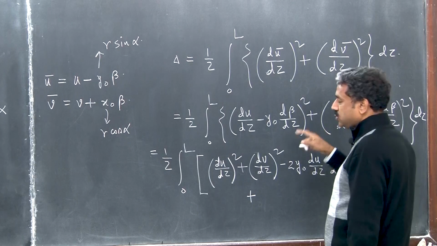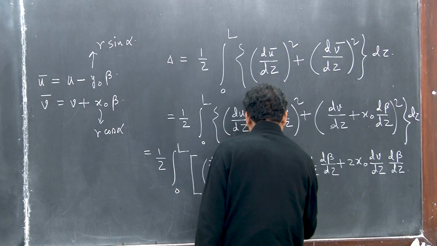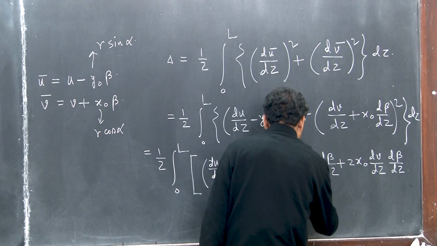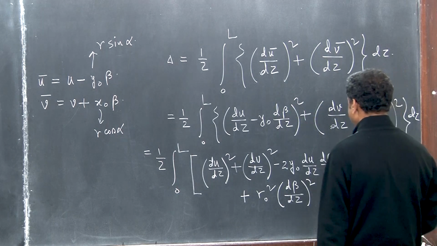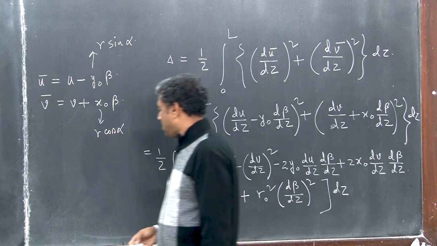Here x0 square plus y0 square is r0 square, so r0 square d beta by dz square, integration dz, right, it's fine.